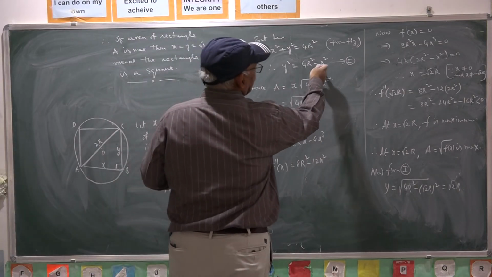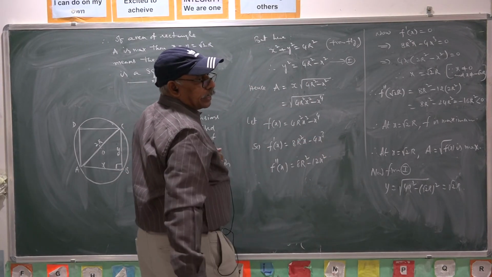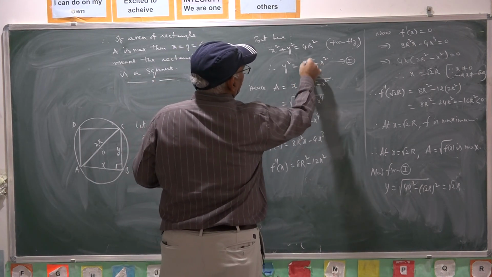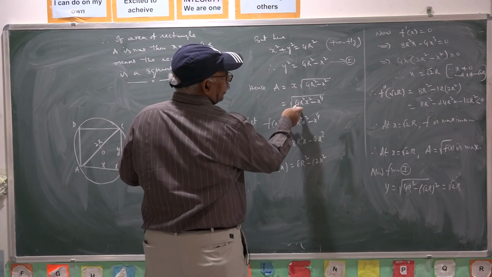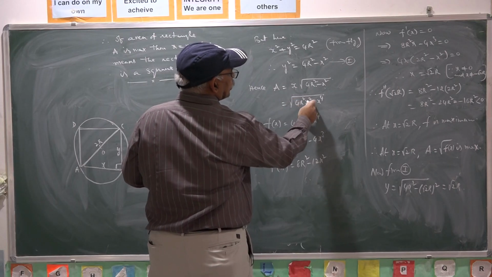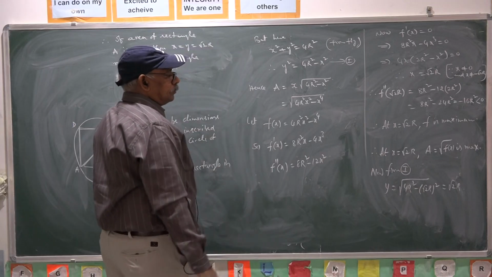Y may be written in terms of x here. Based on that, you have to maximize the area of the rectangle by taking A equal to x into y, where y is the root of 4r square minus x square. To maximize this, I am taking x inside the root and taking this as f(x). Once f(x) is maximum, A is maximum.